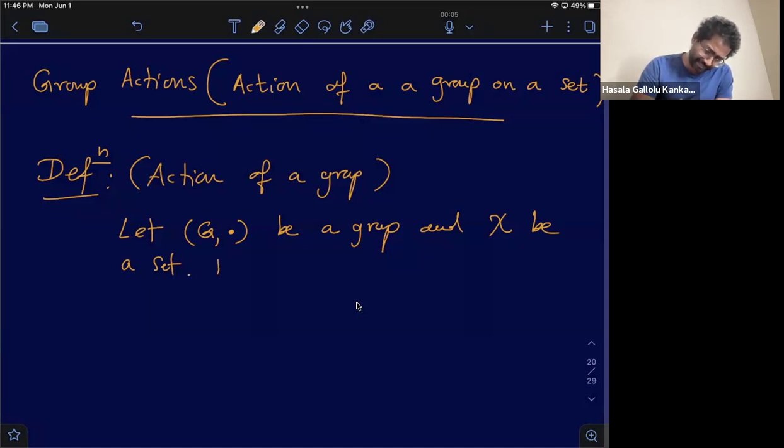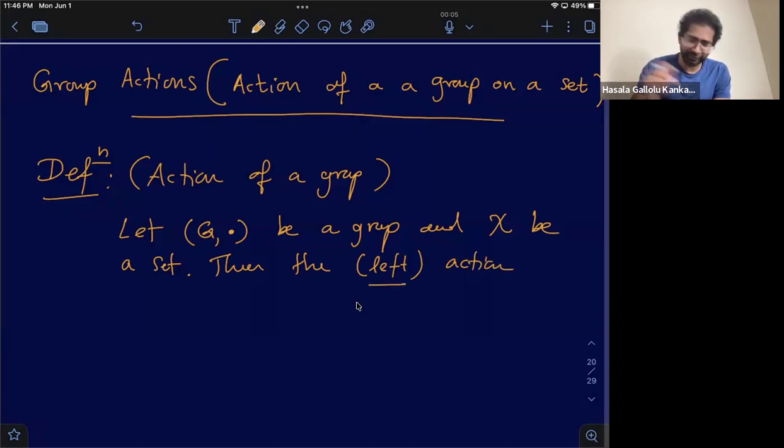All right, then the left action. When I say left, there is a right version of that too. I'm not going to write the whole thing for that, I'm just emphasizing.